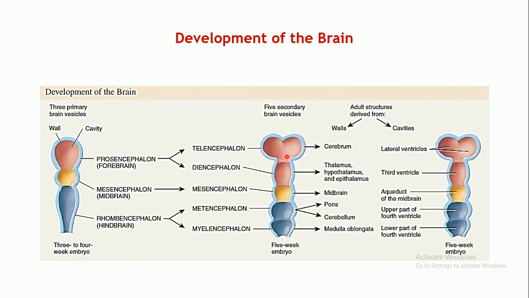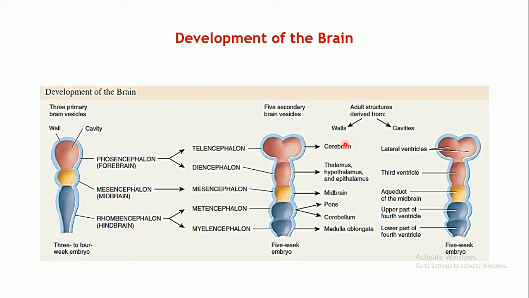These vesicles further develop into certain parts of the adult brain. The wall of the vesicle will develop into a particular part, and the cavity which is present within it will also develop into a specific part in the adult brain.